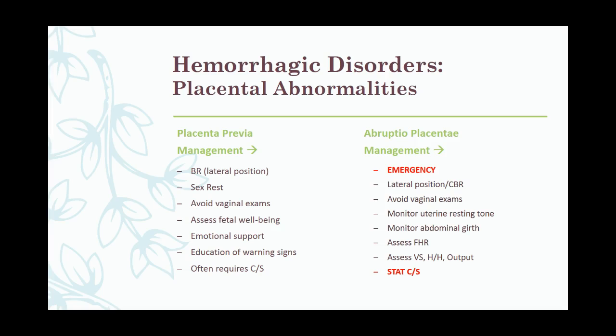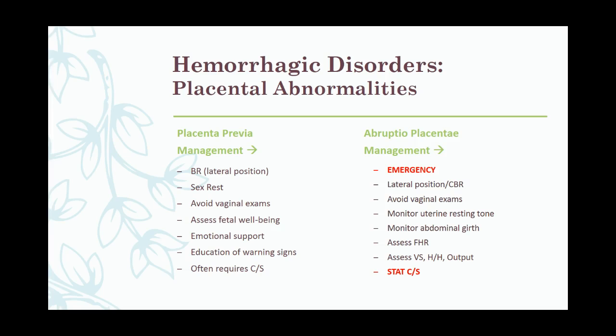We monitor their uterine resting tone. Remember that we said their abdomen, their uterus, is very firm and stony hard. That means there's a lot of pressure behind that. And if there is too much pressure inside the uterus, then we are at risk for uterine rupture, which is even worse than a placental abruption.